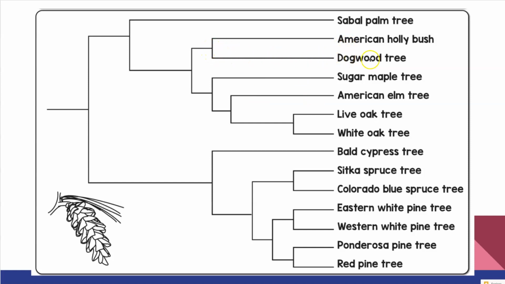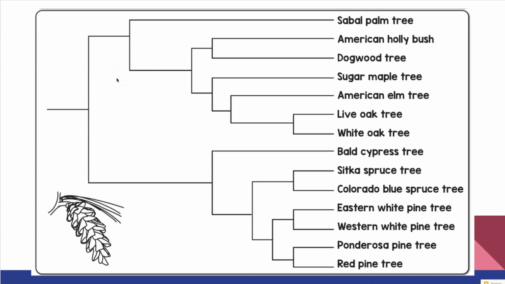But if I look at the dogwood tree and the sable palm, if I travel down the line, 1 node, 2 nodes, 3 nodes. So there's 3 nodes that separate the dogwood tree and the sable palm. So American holly and dogwood are more closely related than the dogwood and the sable palm. Just follow your lines, and where you come to an intersect, that's considered to be a node.